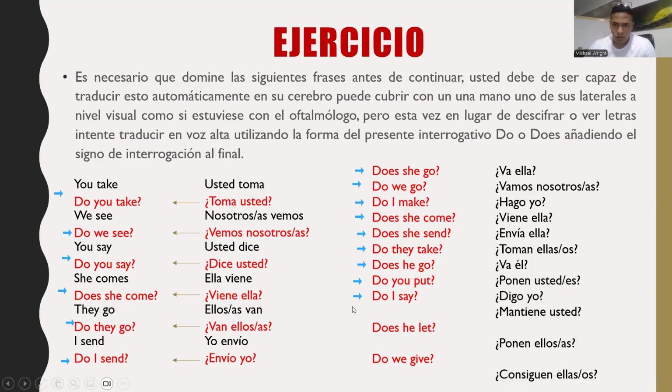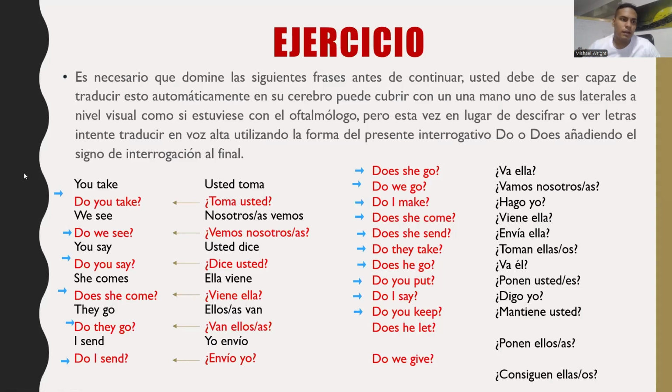Mantiene usted, do you keep? Remember the intonation. The intonation is important. Do you keep? What's your name? So you have to be using the intonation all the time. You got it. Okay, so do you keep?